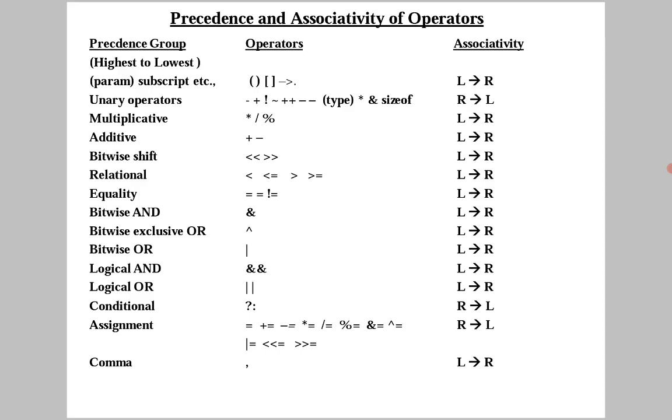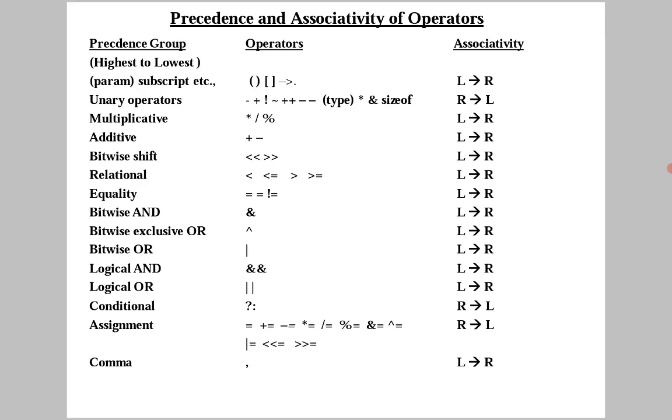Generally plus is used for addition, minus for subtraction, star for multiplication, slash for division, percentage for remainder, like that. So arithmetic operators are generally used to do long, complex arithmetic calculations by using some formulas and expressions.